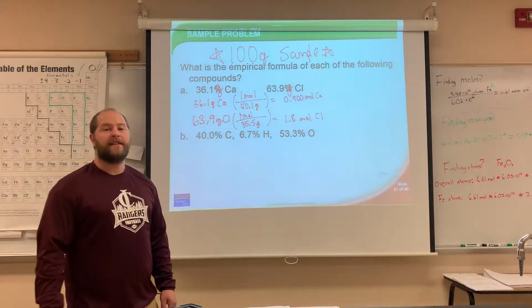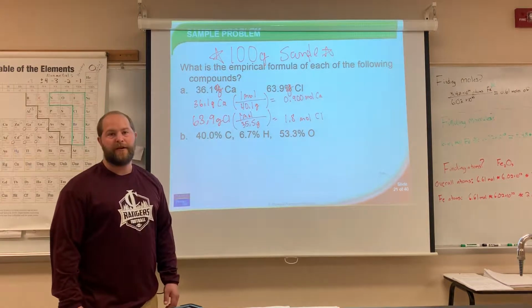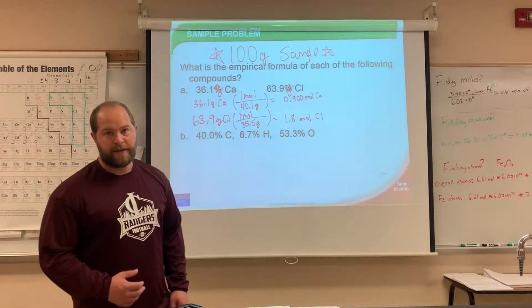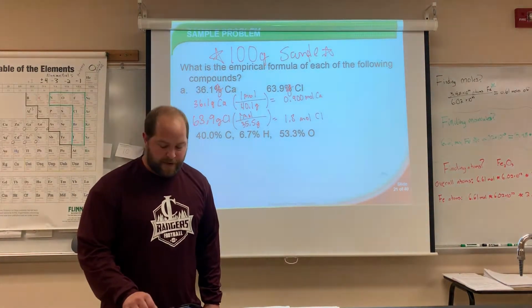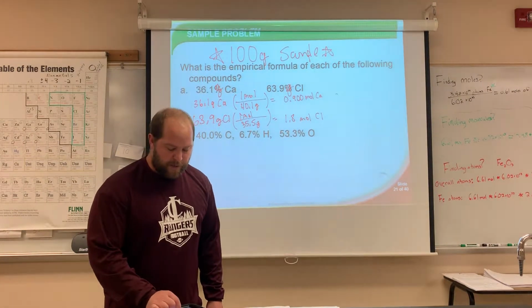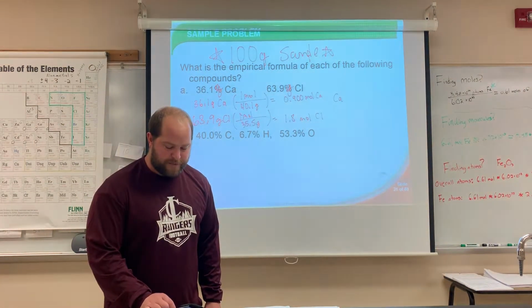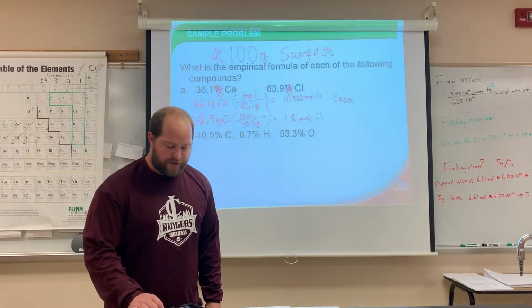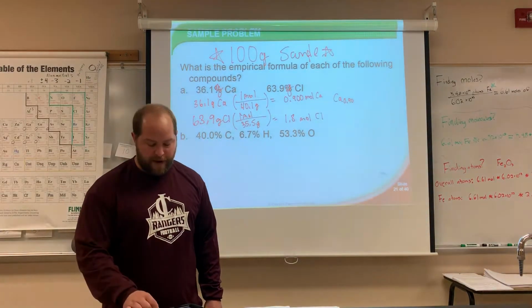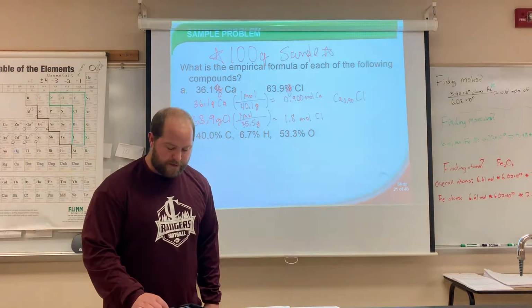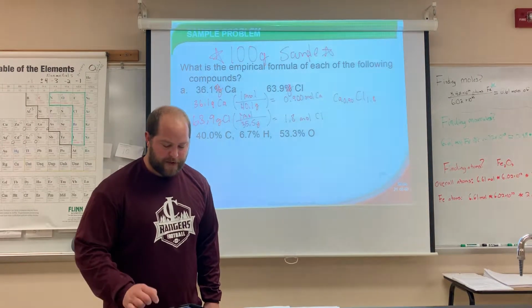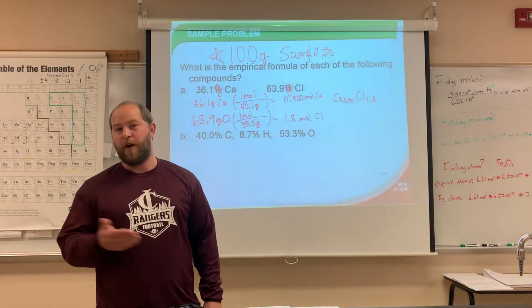Some of you are saying right now that's going to be a 1-to-2 ratio, and you'd be absolutely correct. If you can't see that, then the next step would be to write the formula using those ratios. So I'm going to go calcium 0.9, chlorine 1.8. Some of you can probably see right now it's a 1-to-2, right?